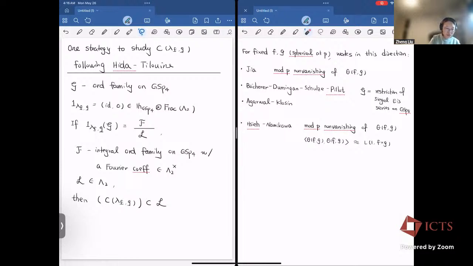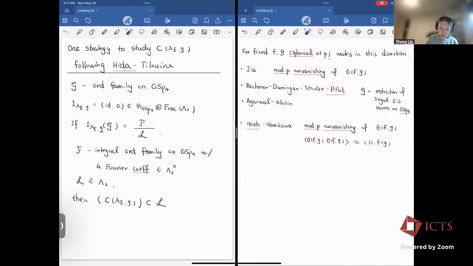So basically, that corresponds in the end to considering the form in the numerator to have a Fourier coefficient that is a unit. And there are also works by Böcherer, Dummigan, Schulze-Pillot, and Agarwal-Klosin. In their work, they use this curly G to be the restriction of a Siegel Eisenstein series on GSp8. And all these works are under some very strong assumptions.